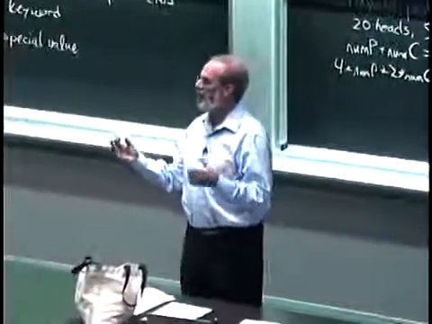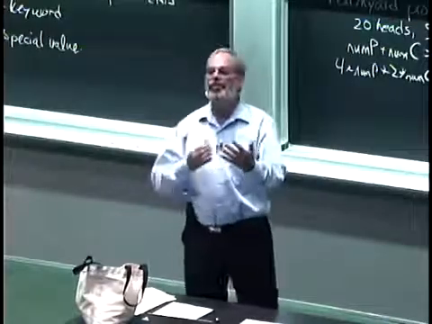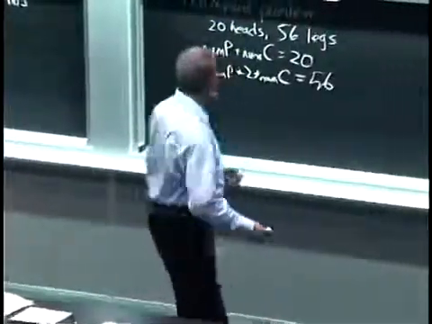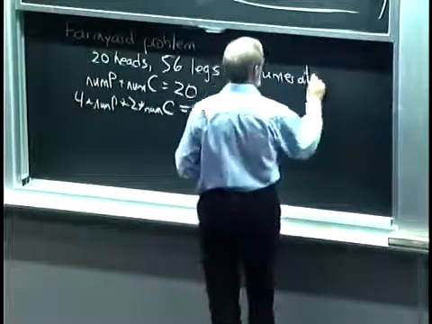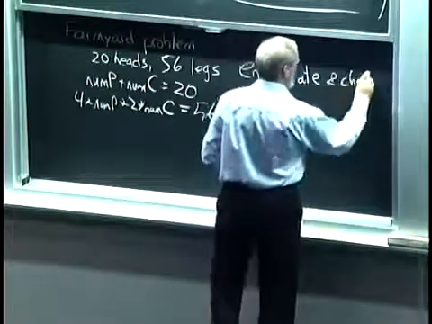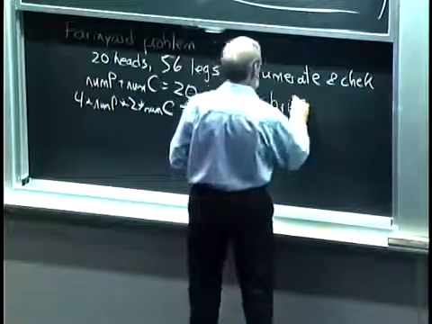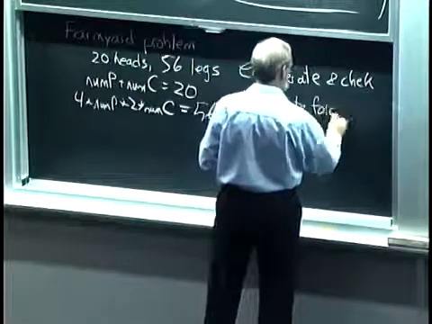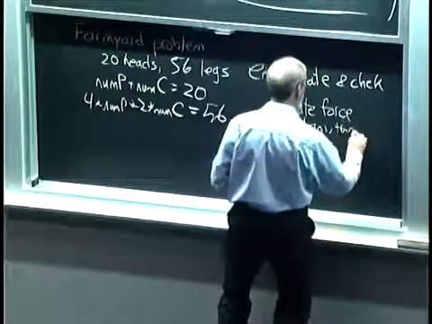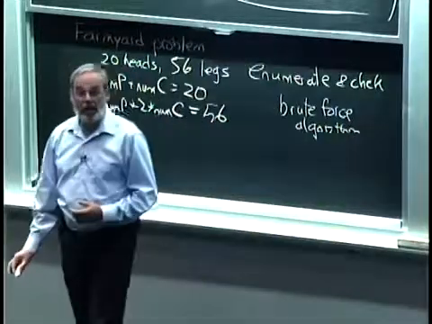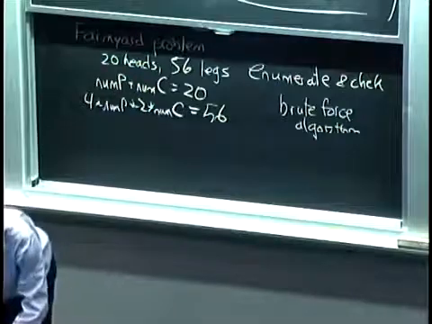Does that work? I got 1 chicken and 19 pigs. Does that work? I got 2 chickens and 18 pigs. You get the idea. So I'm going to solve this by enumerate and check, which is an example of what's called a brute force algorithm. Meaning I'm just going to write a little loop that does that.